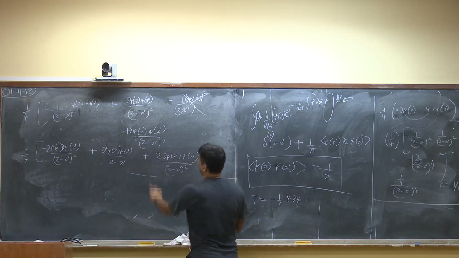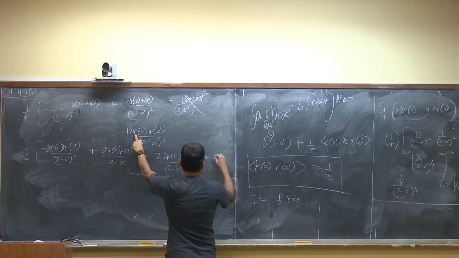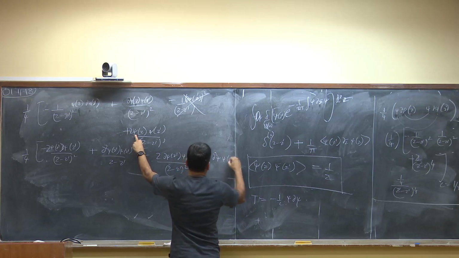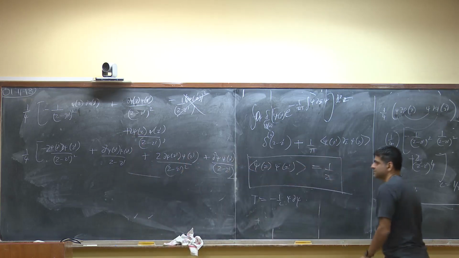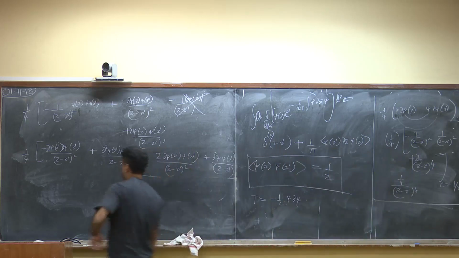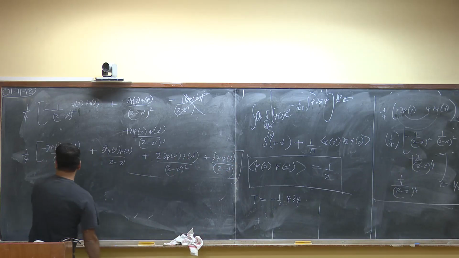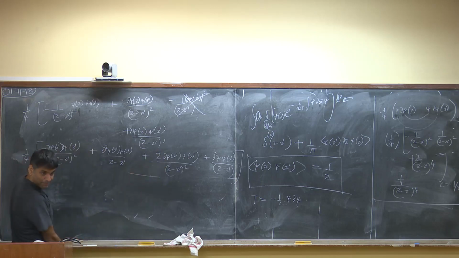And last term is the 2 goes, so del square psi of z prime by z minus z prime. Okay? And then we put this together. So this plus this, because the order is flipped, is 4.